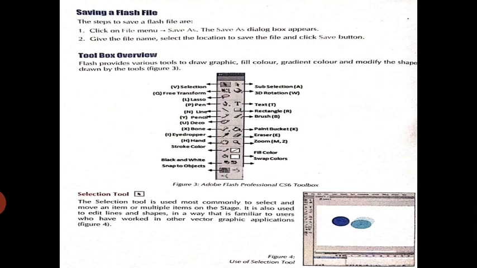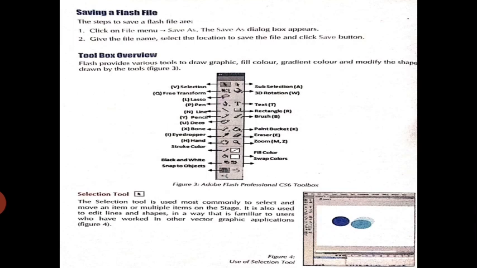After that, the next topic is toolbox overview. So what is the toolbox? Toolbox is a set of tools which provides various tools to draw graphics, fill color, gradient, modify the shape drawn by tools, etc. There are different numbers of tools.